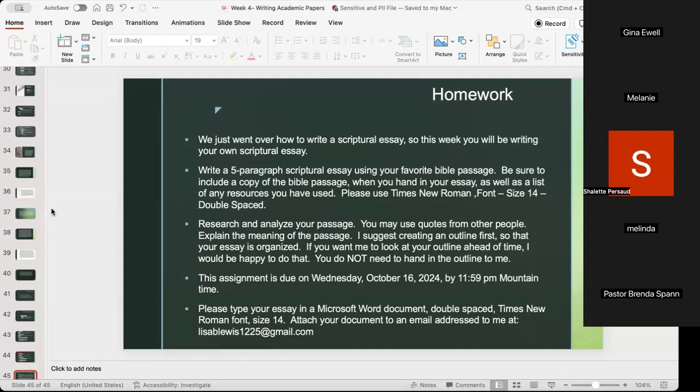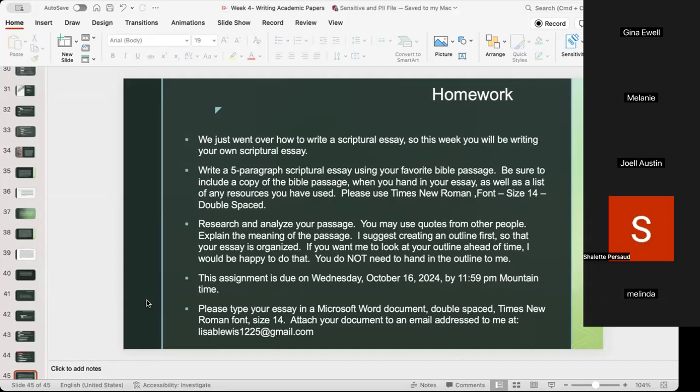I had examples of how to do the MLA within a paragraph, as well as on a citation or resource page at the end of your document.